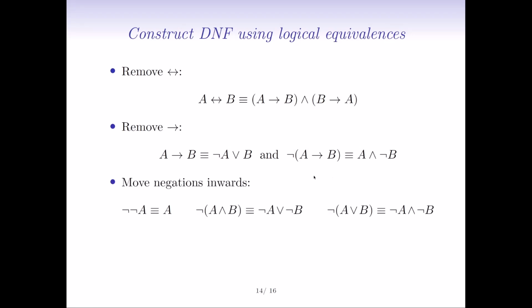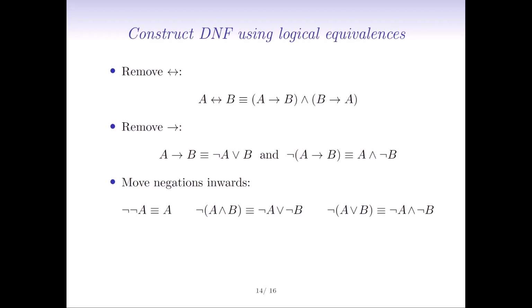The next thing that you'll notice is that we're only allowed negations at the level of literals. So we're not allowed negations outside conjunctions, and we're not allowed them outside disjunctions, and we're never allowed more than one. So fortunately, we have some equivalences that will let us move negations inwards in the formula.